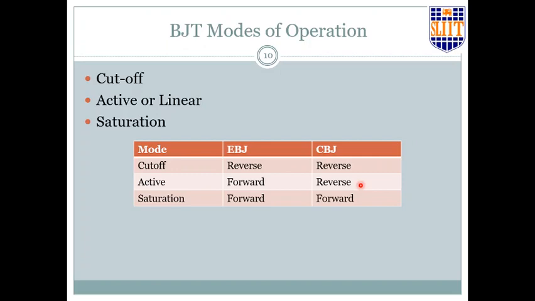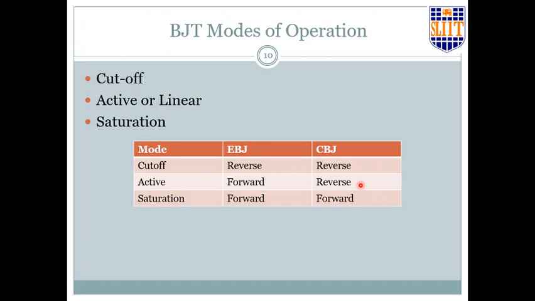For amplification we need the active operation. For switching purposes we will be using the cutoff and the saturation, the two ends. We will talk about those two a little bit later on.